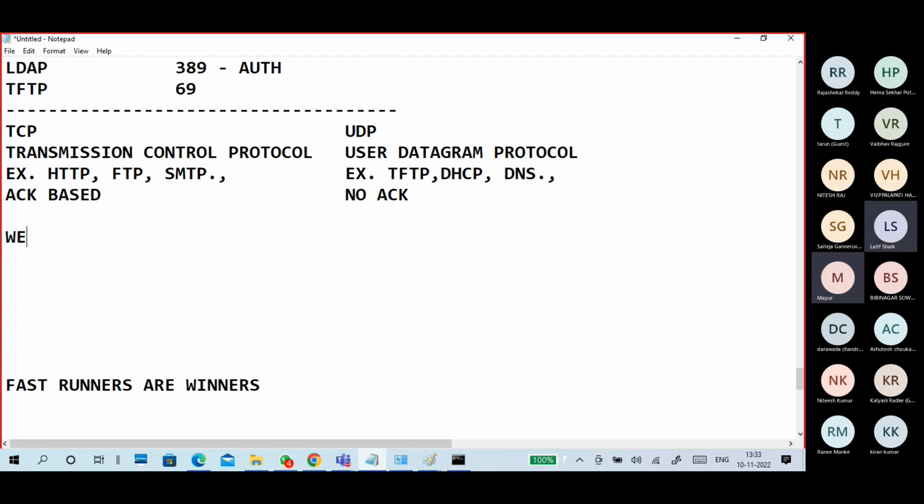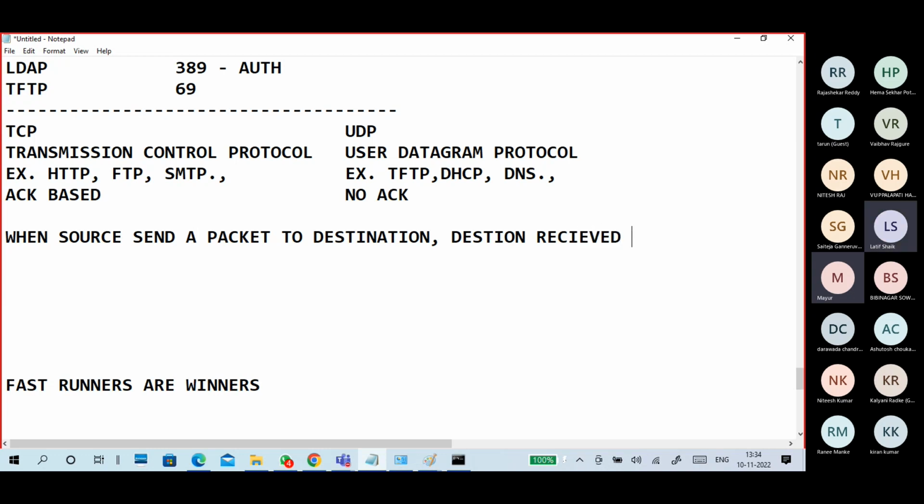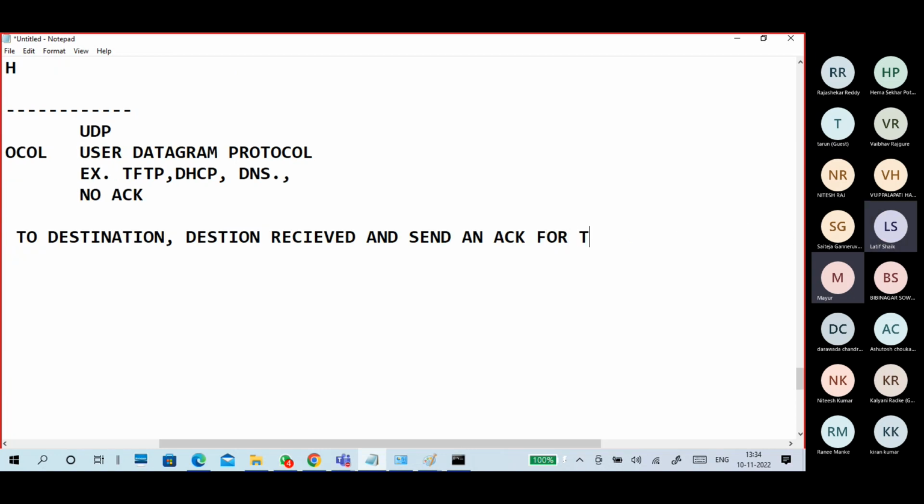When a source sends a packet to a destination, the destination receives it and sends an acknowledgement for that packet to the source.